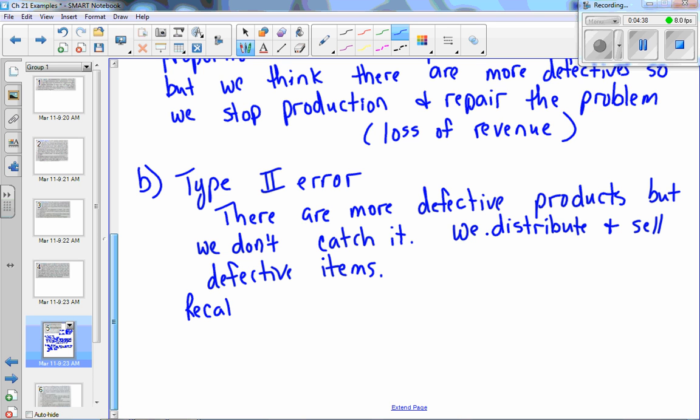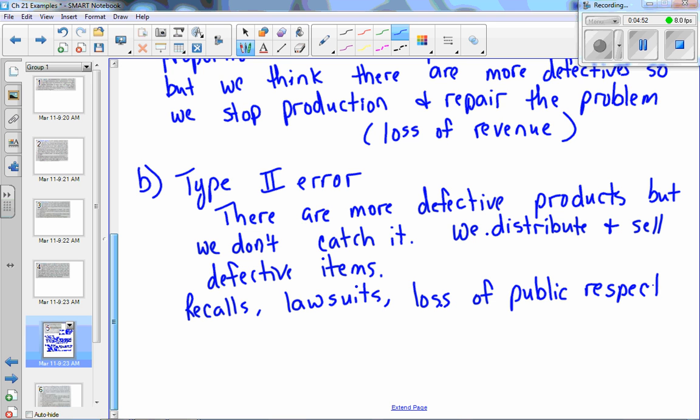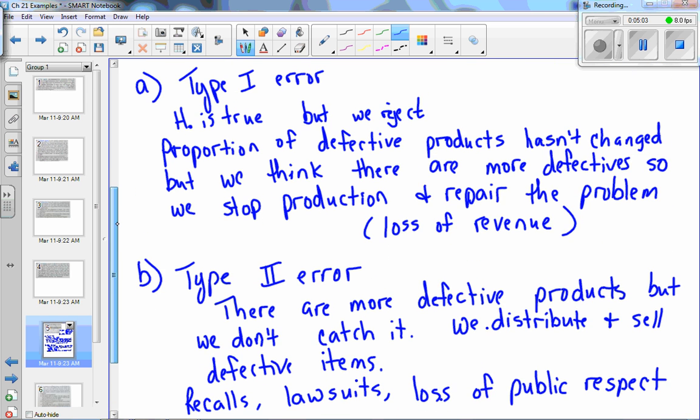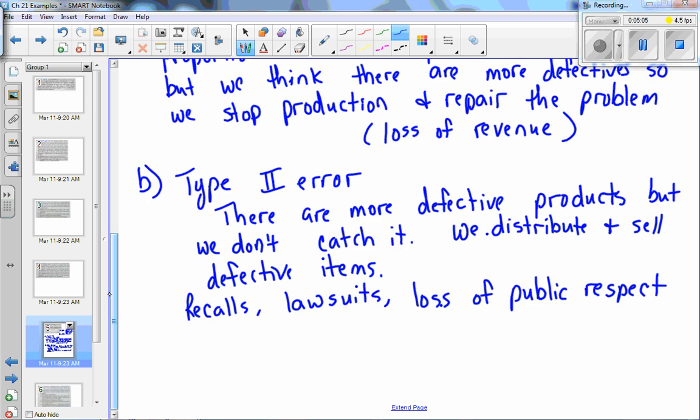Recalls, lawsuits, loss of public respect. Those are all things that can happen if you're putting defective products out on the marketplace, and those are costly. So in these situations, again, you might want to look and see which is a more serious error.